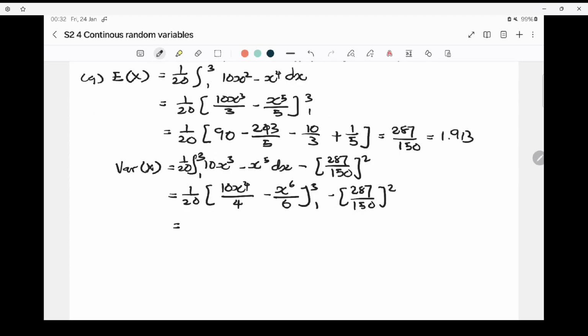So I will calculate this directly using my calculator. Just give me a second.